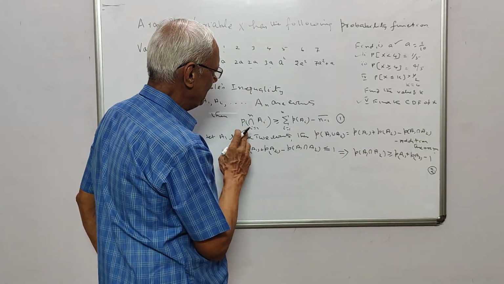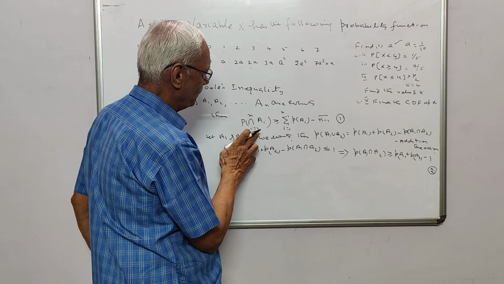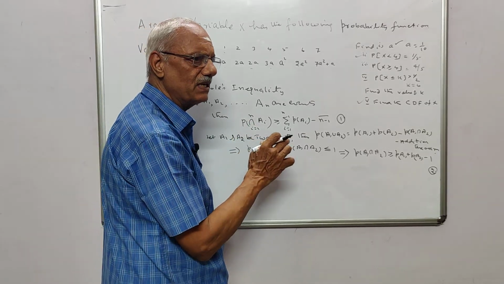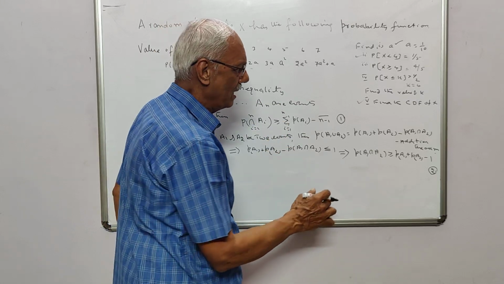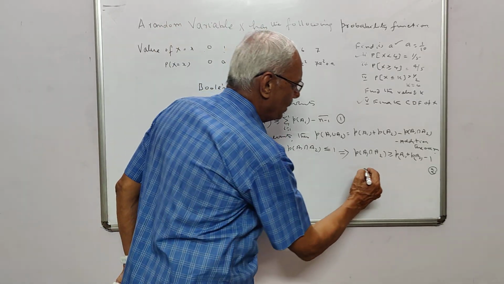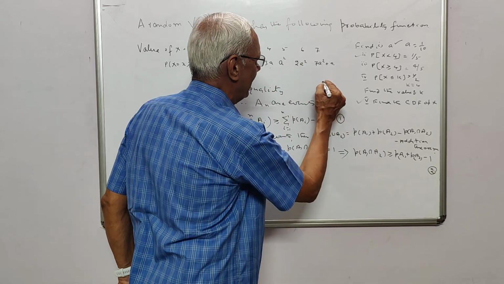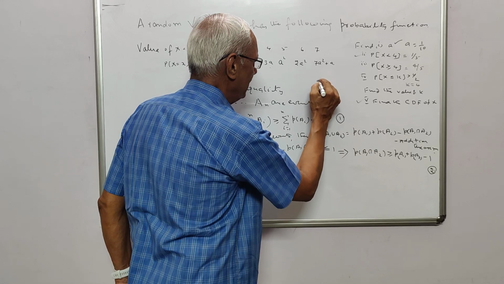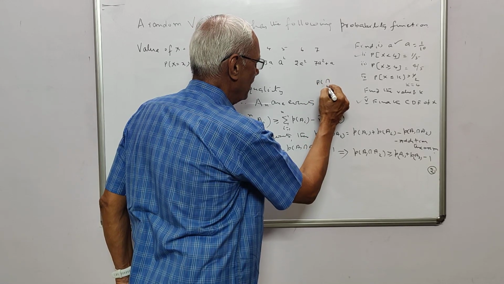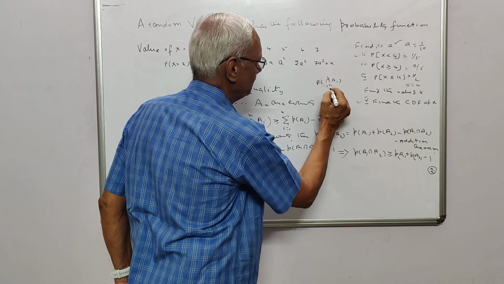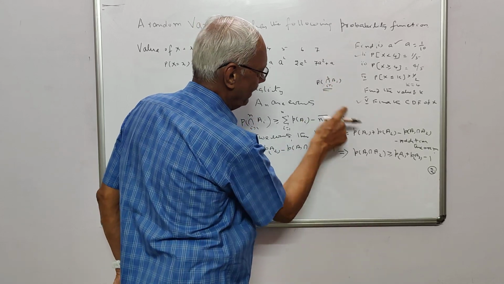In 1 you have taken n events, but here there are only 2. In fact, you can put it like this: P of the intersection of Ai, i equal to 1 to n, is what I have written here.